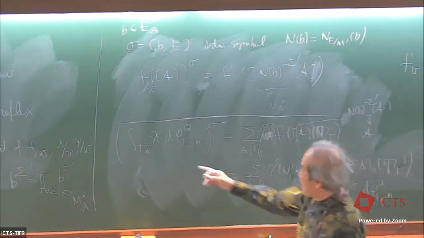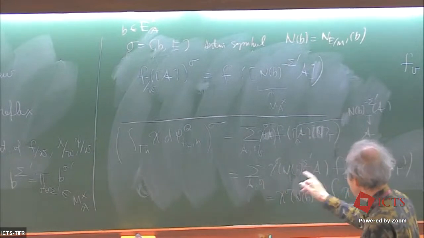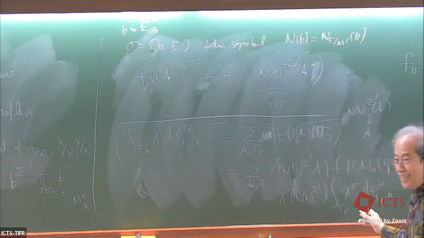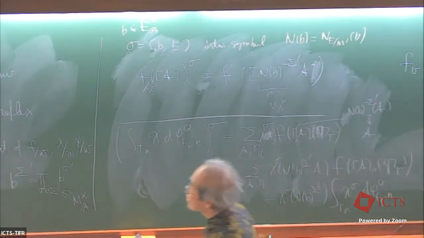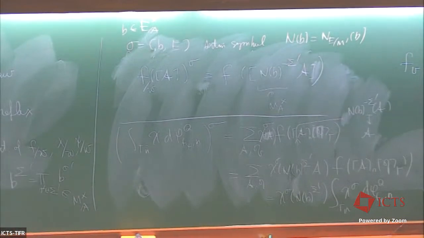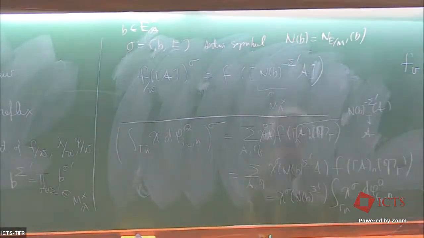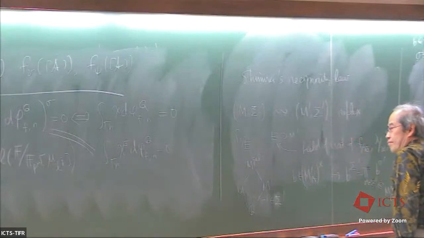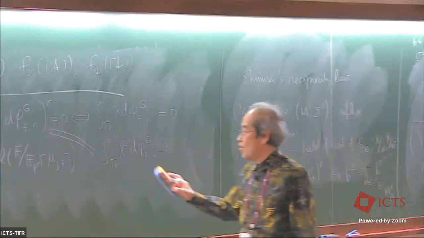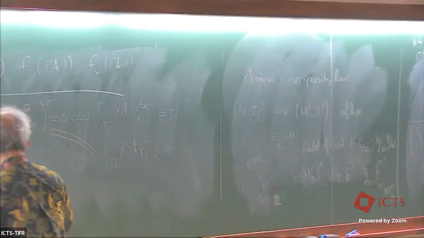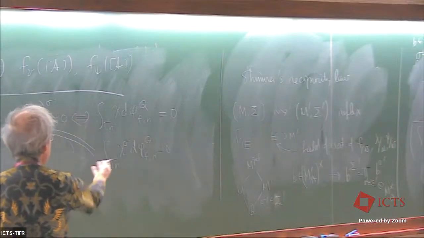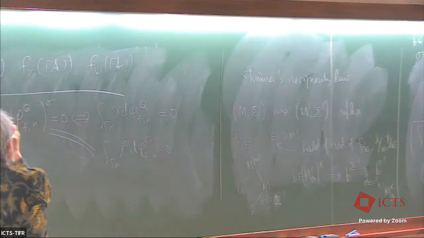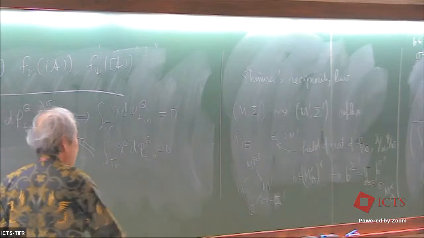So if this inside is 0, then it is a non-zero number times this. So therefore, the thing I claimed here is given. The catch is just that you conjugate the character. Your integral vanishes, the conjugate vanishes.